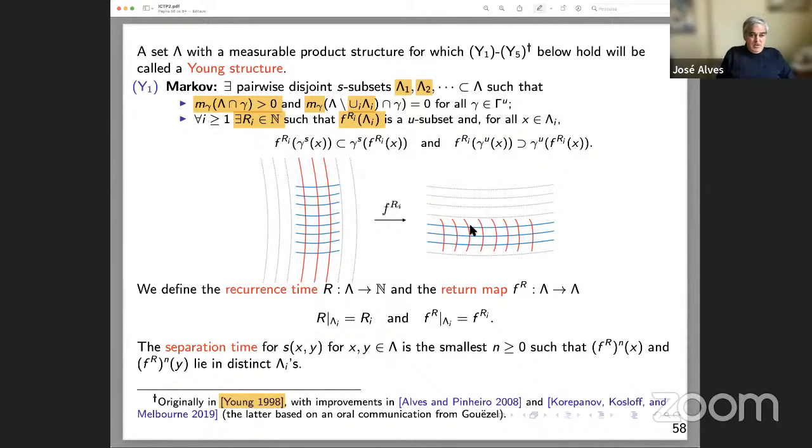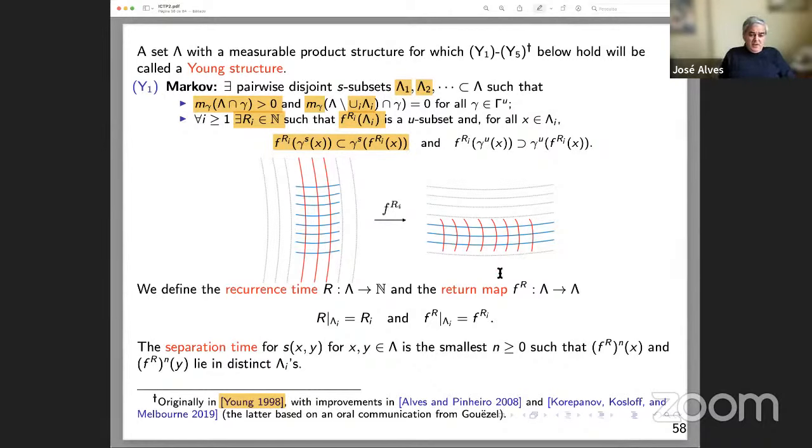And so this is the standard condition of Markov property, but the only difference here is that we have this only at the recurrent times, okay? So this happens in a strong sense. The image of an S subset is a U subset in a strong sense, in the sense that the stable leaf goes inside a stable leaf, and an unstable leaf contains the respective unstable leaf.